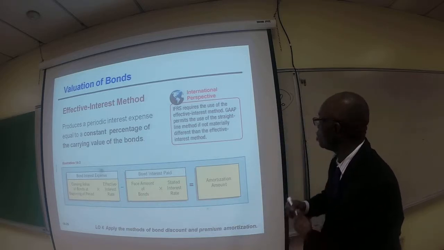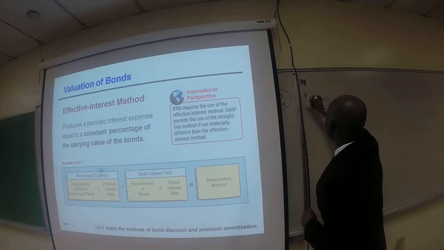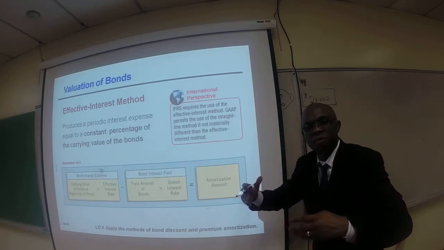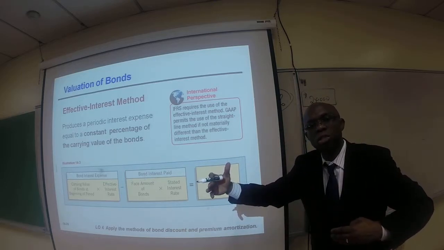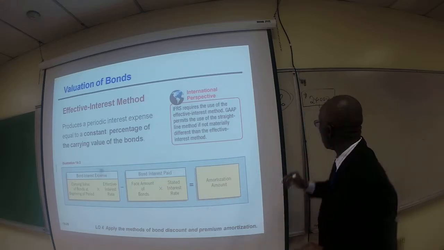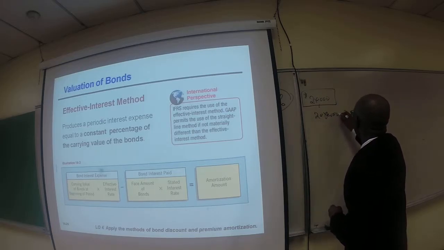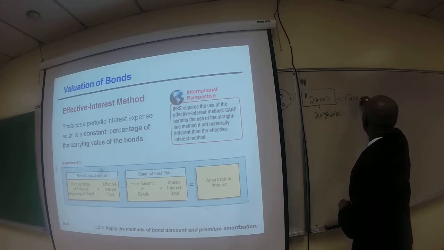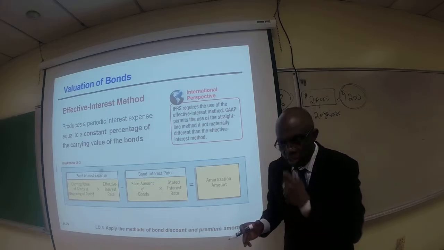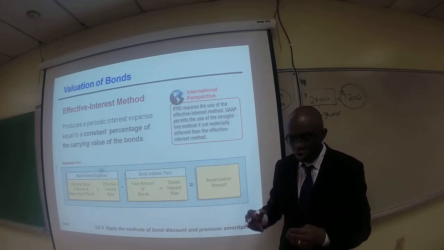So the example we illustrated earlier was we have a $24,000 discount, and we decided to allocate or divide this $24,000 over 20 interest payment periods. So when we did that, 20 periods, we came up with $1,200. So every 6 months we ended up with additional interest expense of $1,200.